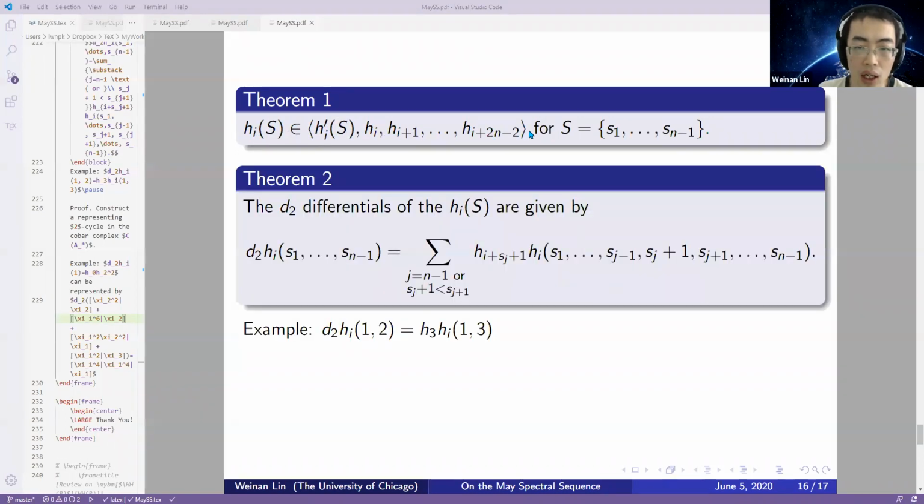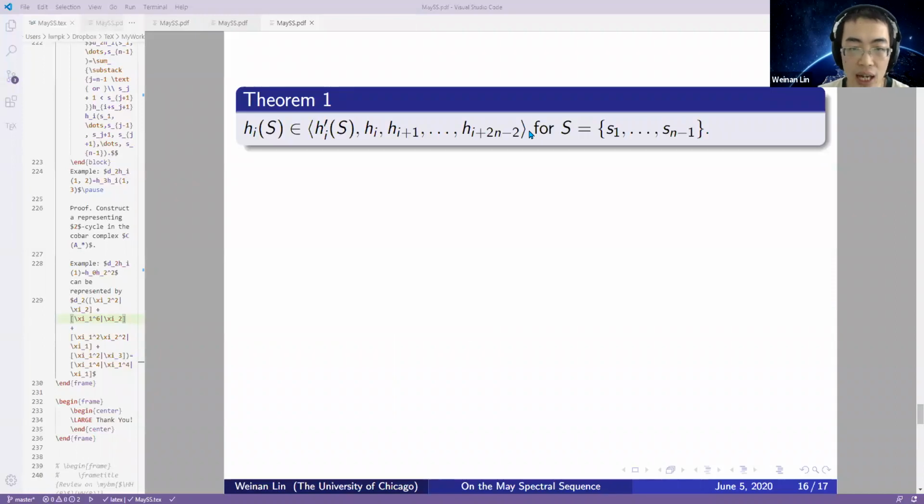Okay, I have to mention that May actually conjectured this and he had proved this, but it's not in his published work and it's not in his thesis, and he also couldn't find that proof.